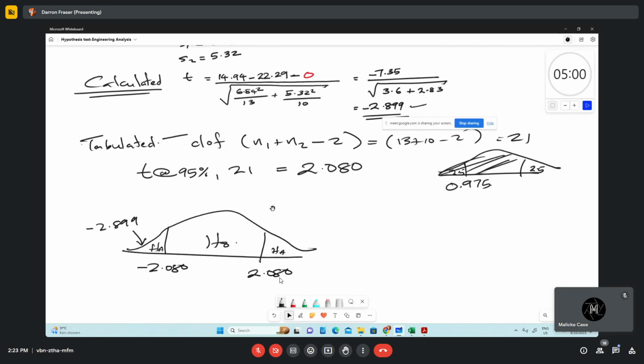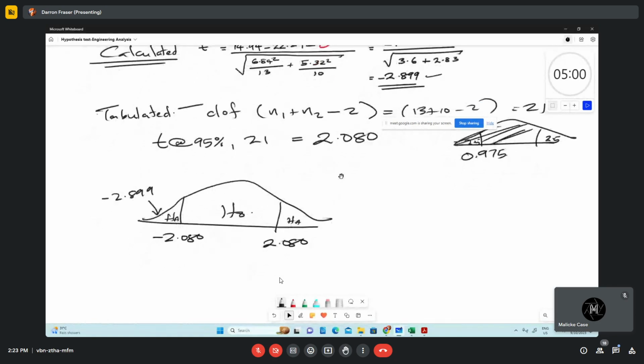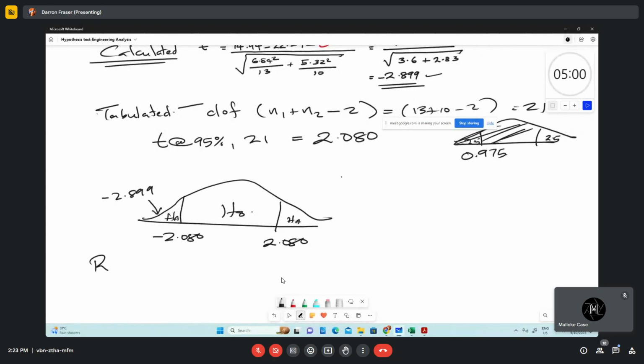So what that says is that we are going to reject H0. And H0 says that the means are equal.